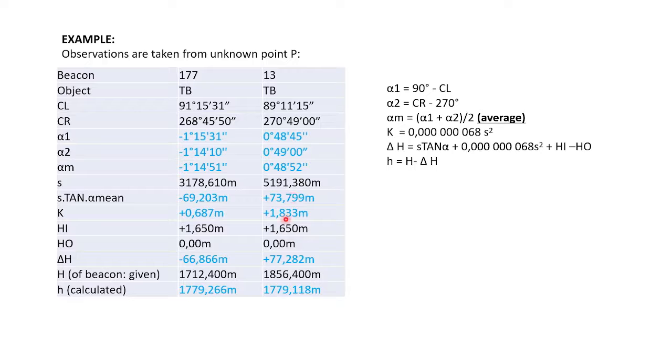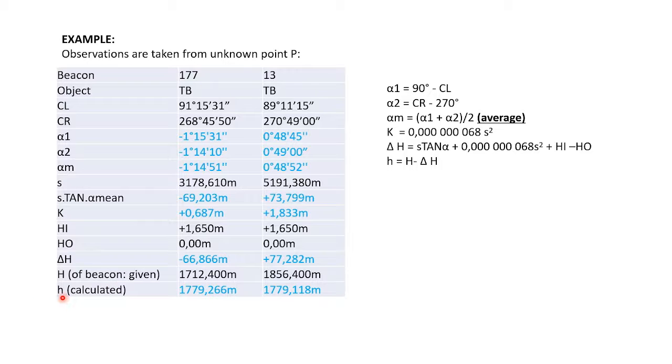Then you add these three together minus the ho, and it gives you this value over here. So then the height of beacon given is 1000. Okay, so these were two given values, these are the 2 beacons you read, and those are the actual heights, the elevations above sea level.